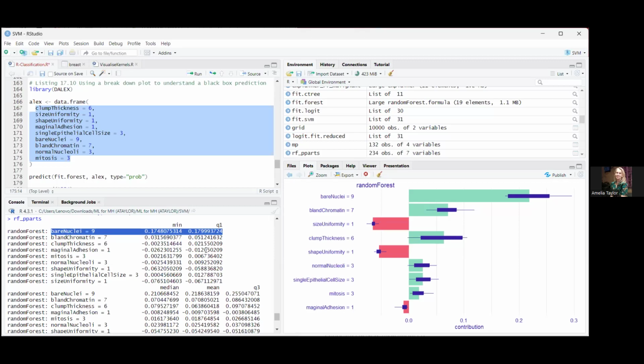So what you are trying to do is you have a model already that you trained. Remember what we did is we took a data set from the UCI. That data set contained data points or observations about a number of patients along 9 variables. These are the 9 variables that you see here: clump thickness and so on.